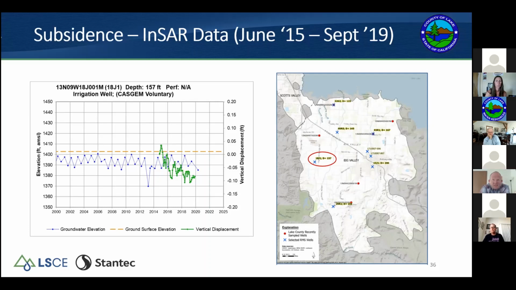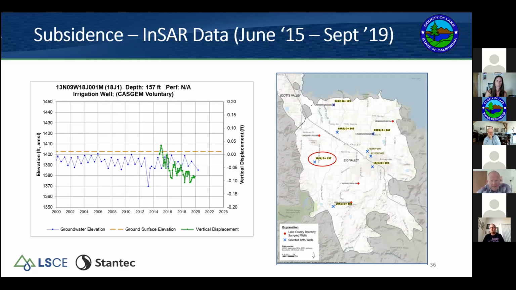My understanding is that this is monthly data. So you're just looking at the monthly change from 15 to 19. So it's actually monthly data they're collecting. That makes sense? Oh, so DWR is collecting monthly data, but then they're only supplying the vertical displacement on a biannual or so basis or something?